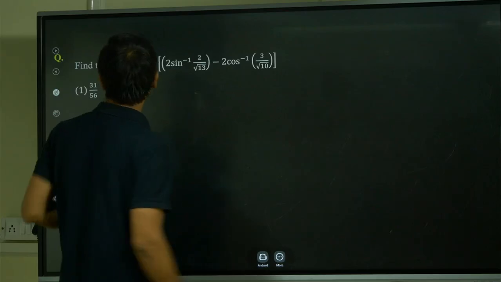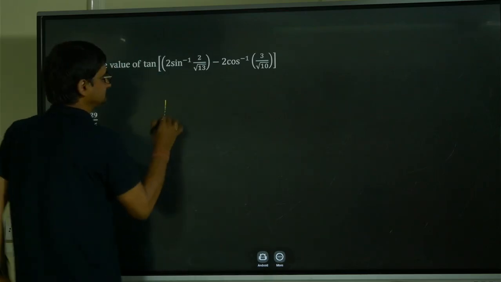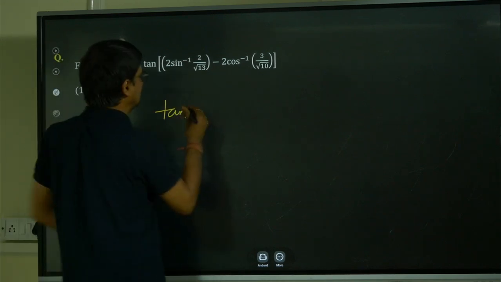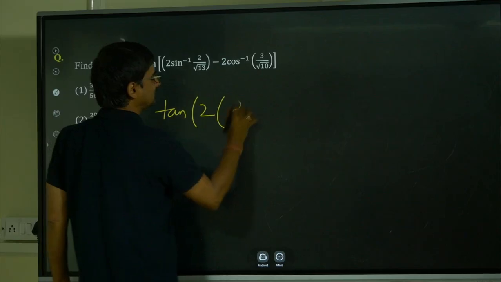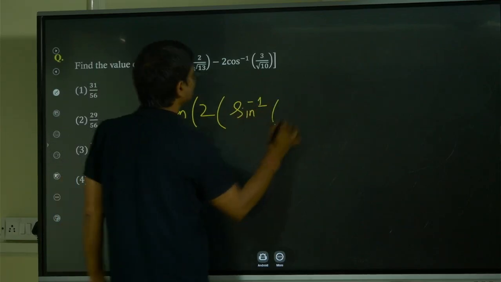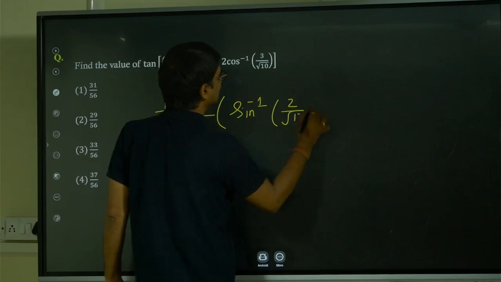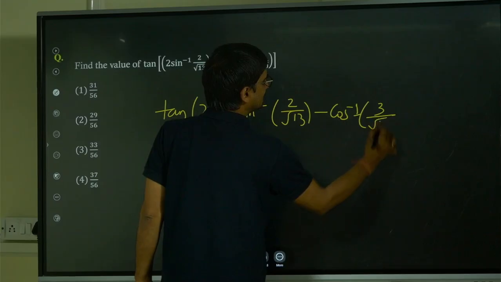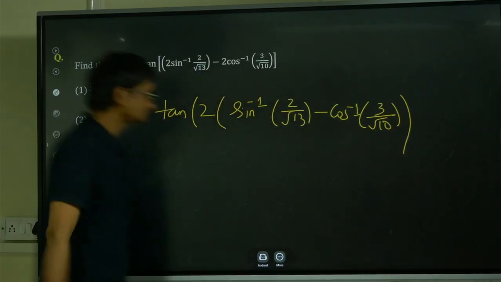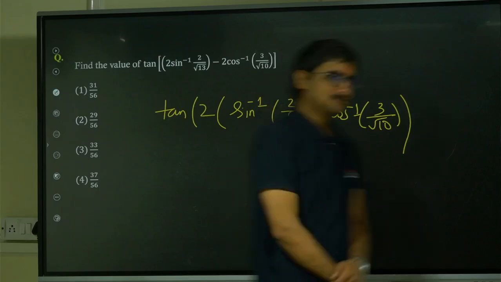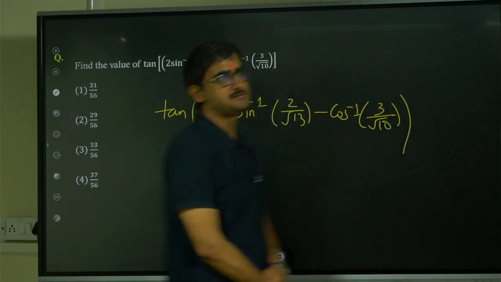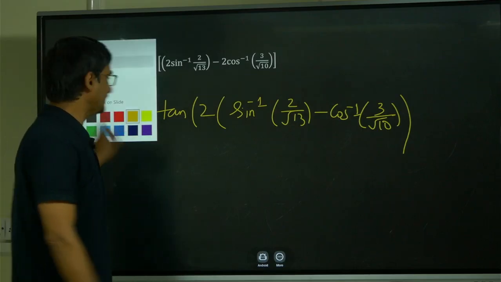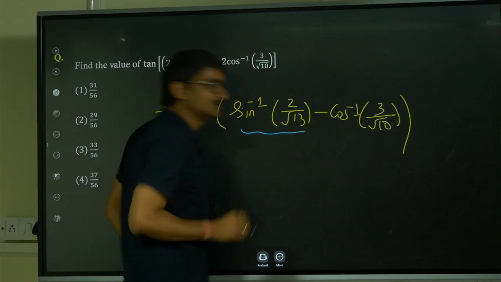Moving to the next question, the value of tan of 2 theta, where theta is sine inverse 2 by root 13 minus cos inverse 3 by root 10. In that case I will suggest you write both of them in terms of tan and simplify.